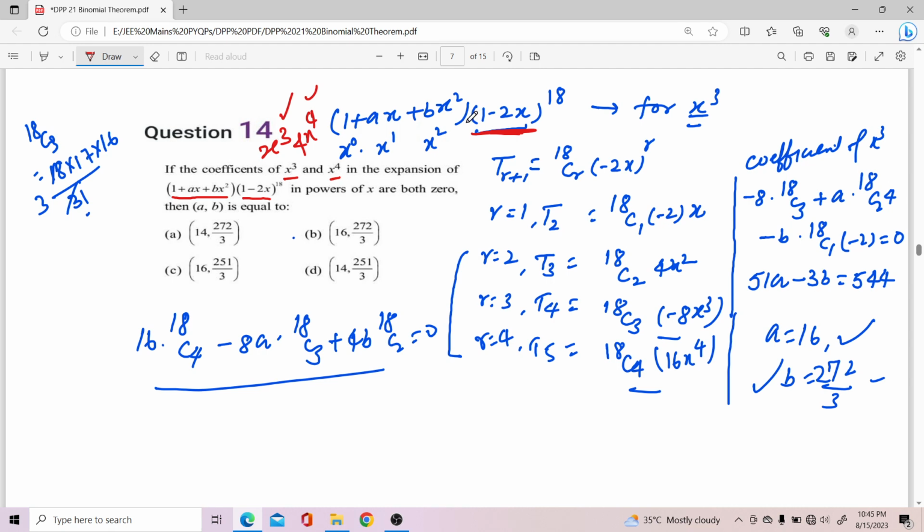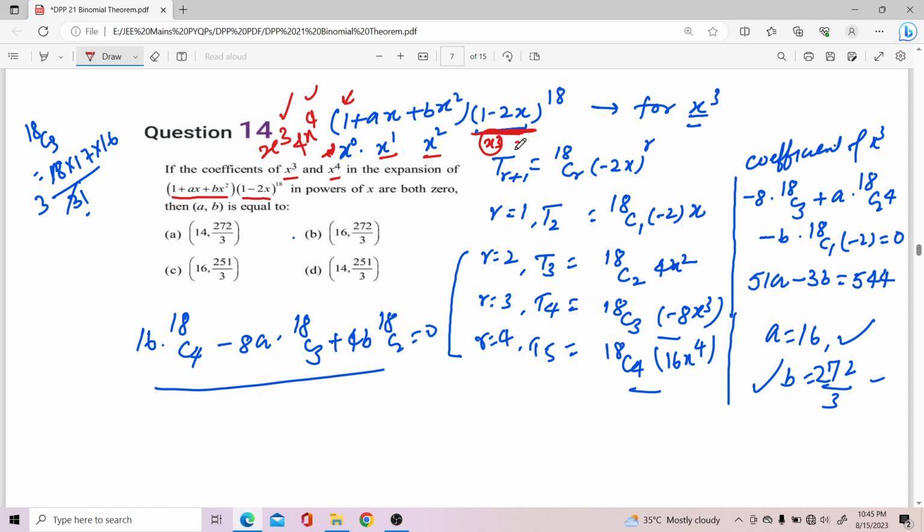So how will you get the coefficient of x raised to 3? Here the power of x in this term is x raised to 0, in this term x raised to 1, and in this term x raised to 2. If we multiply the term having x raised to 3 with this 1, which is x raised to 0, we will get a term having x raised to 3.